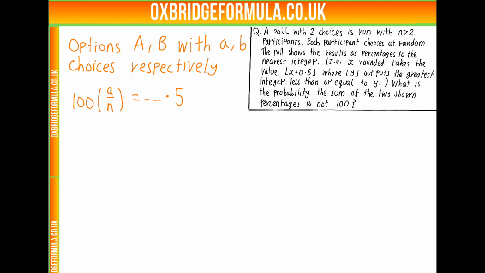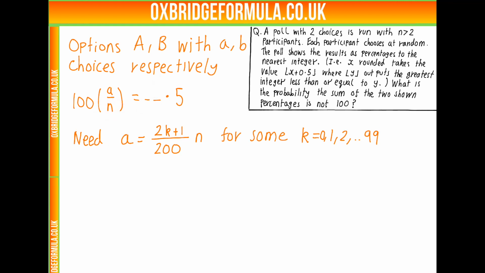And with a little bit of rearrangement, multiplying by n and dividing by 100 on both sides, we obtain that A must be equal to (2k plus 1) over 200, times n, for some k between 0 and 99, because that varies this between 1 and 199.